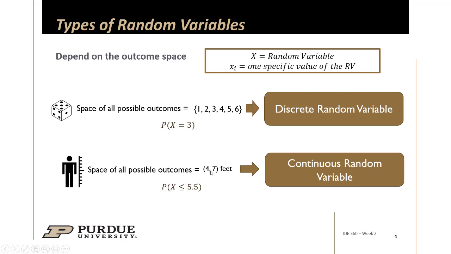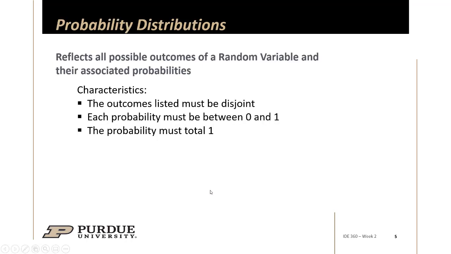Because it's a range, we can assume that we can take any value in between, for example, 4.5, 6.75, etc. So the possibilities in between those numbers are infinite. Therefore, these are considered continuous random variables, and we describe those probabilities based on intervals of values.